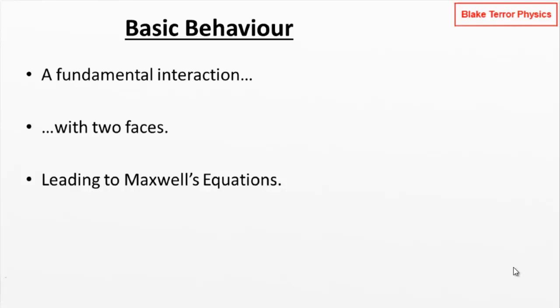So if you think back to our fundamental particles, the ones that have got electric charge are the quarks, the leptons that aren't neutrinos, so the electron, the muon, the tau, and what else have you got? Oh yeah, the W bosons. So there's quite a few of them that have got this electric charge, and they're said to have electric charge because they engage in the electromagnetic interaction.